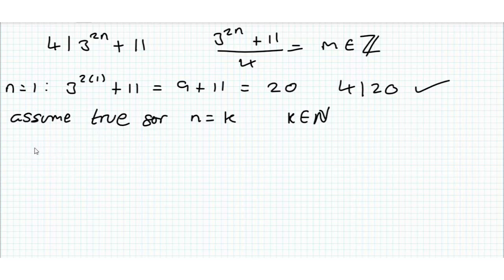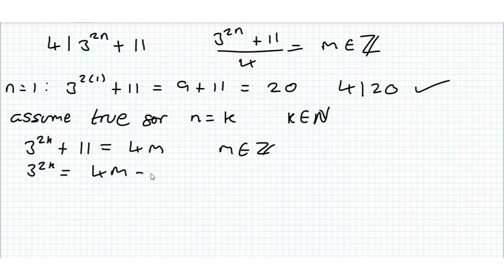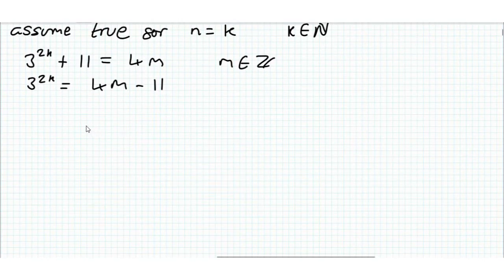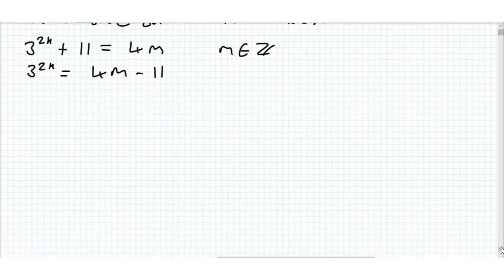If we assume that's true, we have 3^(2k) + 11 is equal to 4m, where m is in the integers, and that just is from this result, but it's just multiplying that by the 4. And that means that 3^(2k) is equal to 4m minus 11, and we write that because when we're considering n equals k plus 1, we will need to use that result, and that form happens to be the more useful version of it.